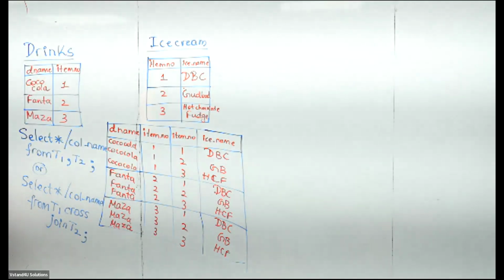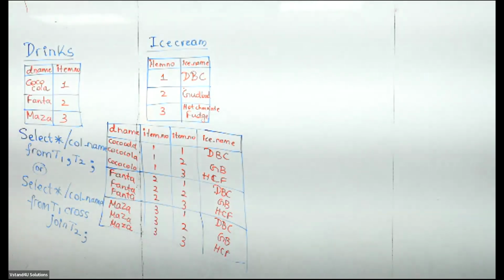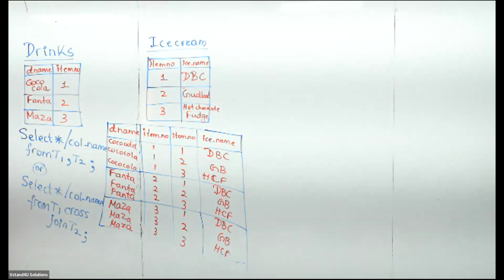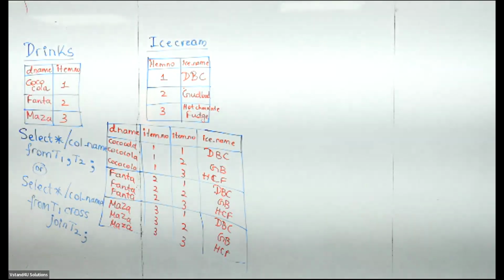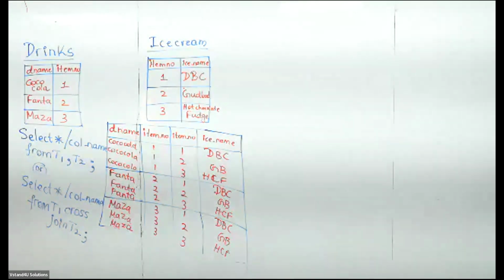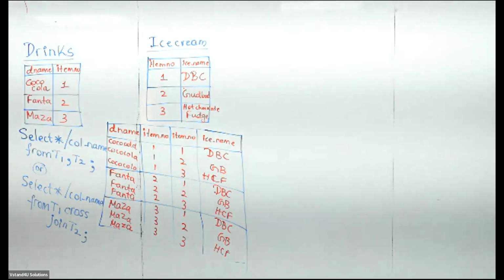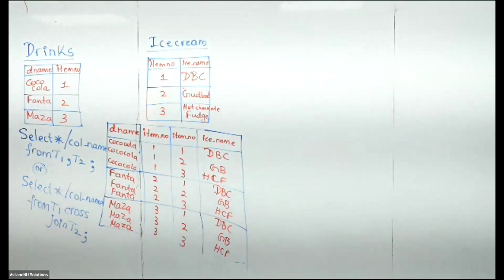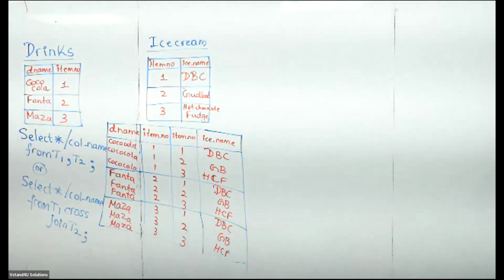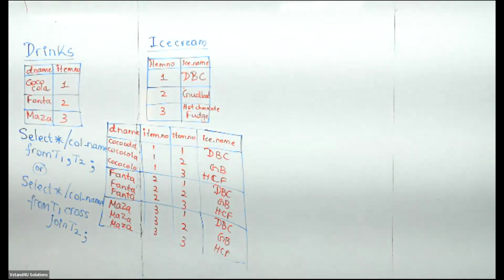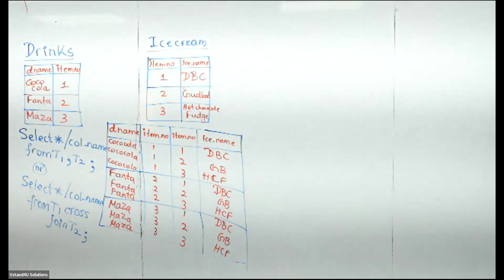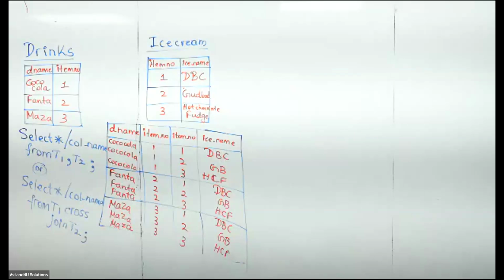Now take down, inner join can be applied for the tables only with relationship. Inner join can be applied to the tables only with relationship.